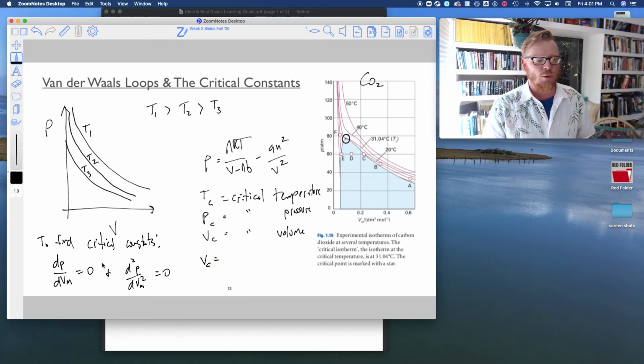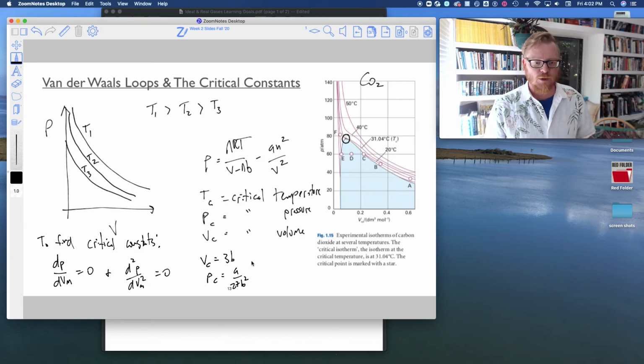So when we do this analysis and we do the algebra, and remember, the algebra is always the hard part, critical volume is actually just 3 times b. That's pretty cool. It's 3 times the b parameter, the van der Waals b, okay? Pc, critical pressure, is equal to a over 27b squared, okay?